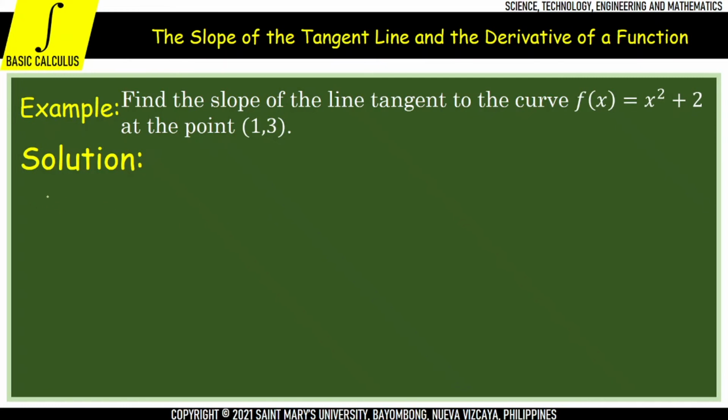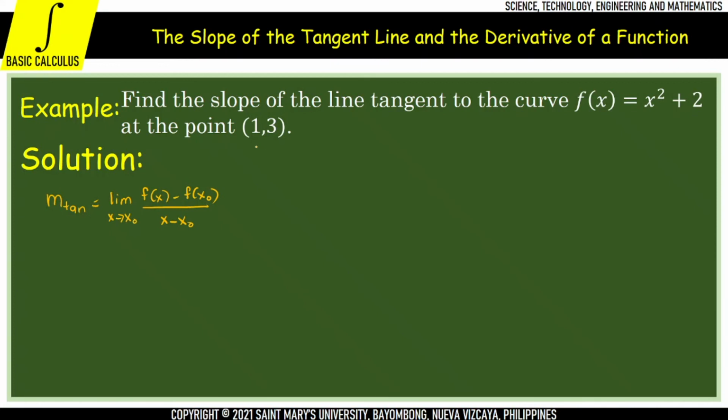So, first, ang ginagamit natin kanina, ang m sub tan natin is equal to the limit of f of x minus f of x sub 0 all over x minus x sub 0 as x approaches x sub 0.